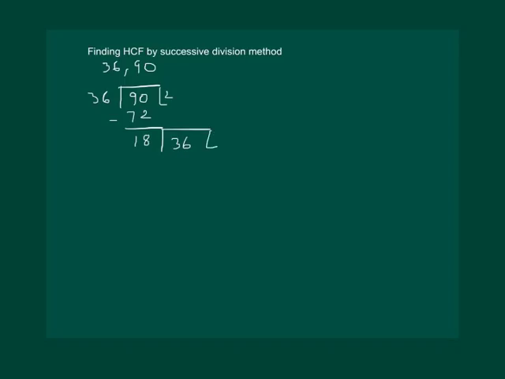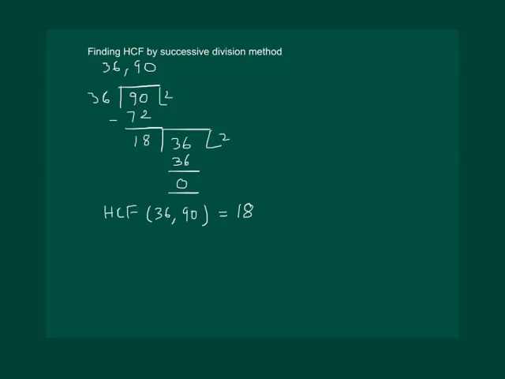On division, we get the remainder as 0. So the divisor is the HCF of 36 and 90. We will say that HCF of 36 and 90 is 18.